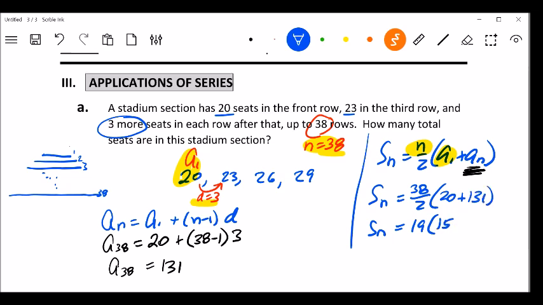So it's 19 times 151. Oh, I keep forgetting to write the 38 here. So the sum out to the 38th term is 2,869. So that means there are 2,869 seats in row 38.